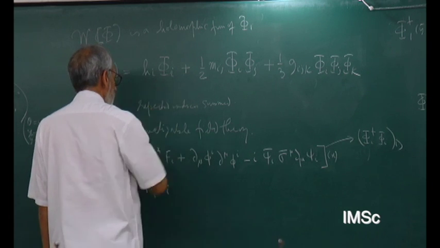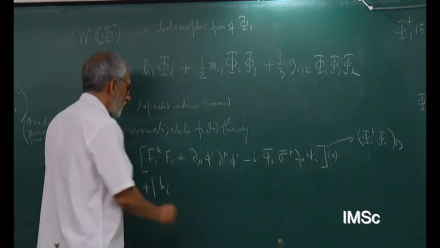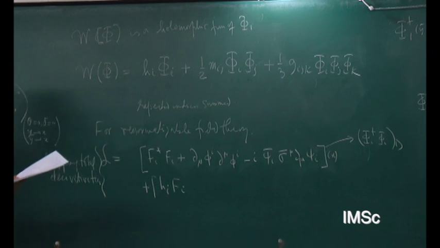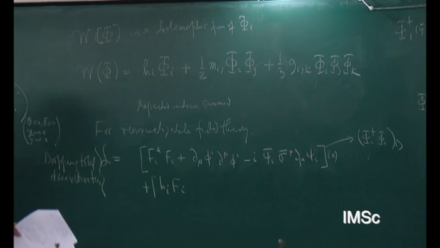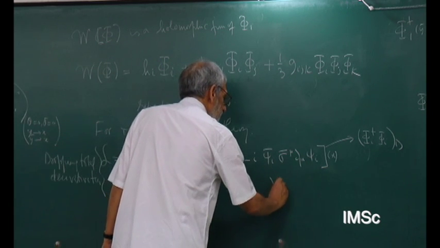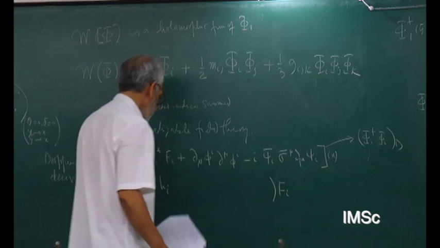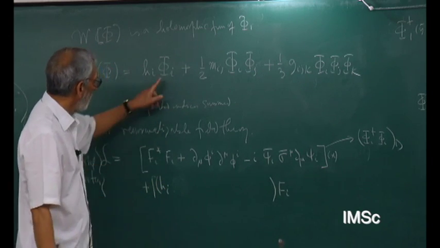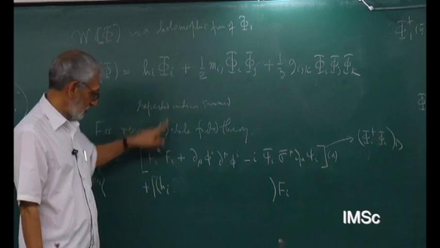Phi plus F term of this. F term of this is Fi. So let me skip a step. F term of this is Fi. So Hi times it.